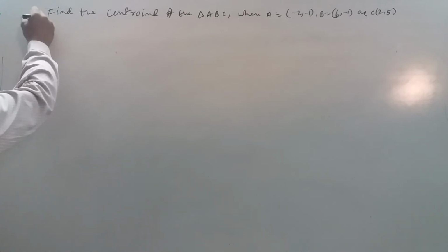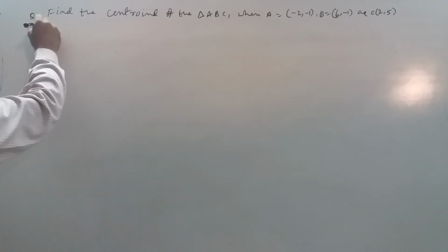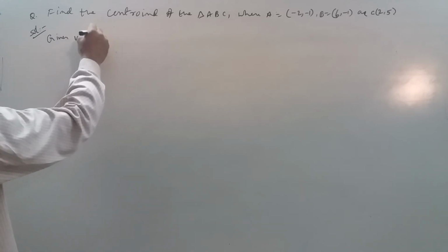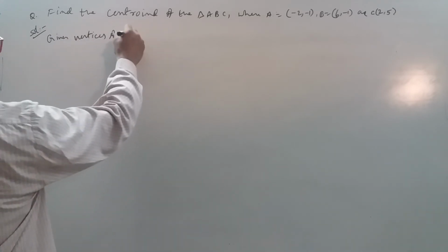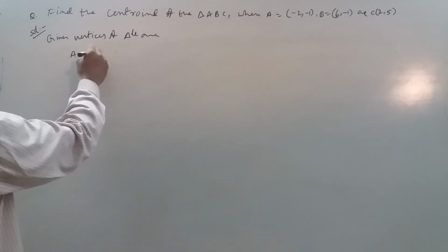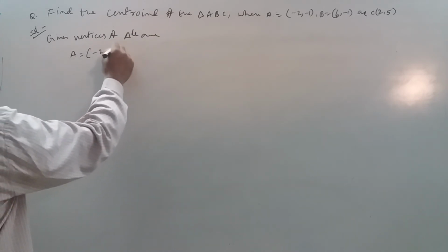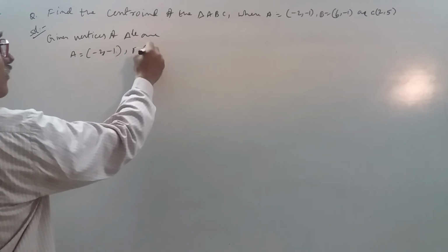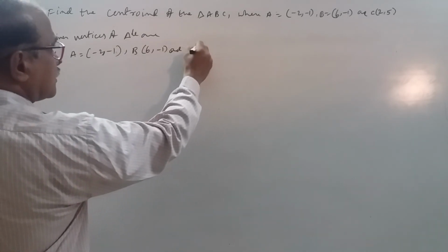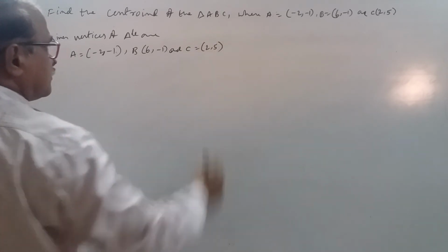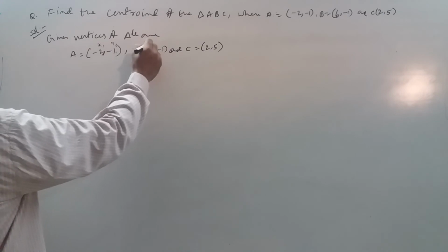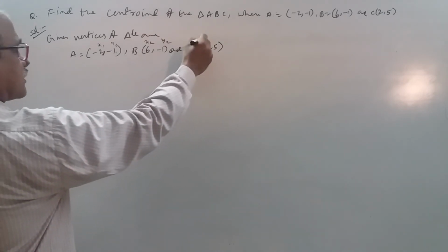Here, the question's solution: given vertices of triangle are A (-2, -1), B (6, -1), and C (2, 5). Let these be (x1, y1), (x2, y2), and (x3, y3).